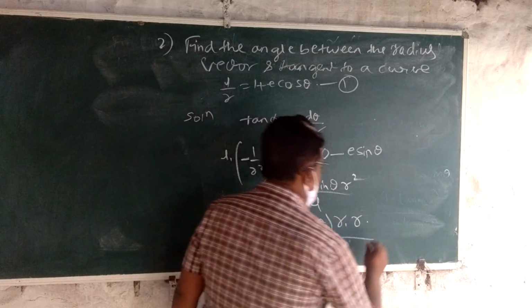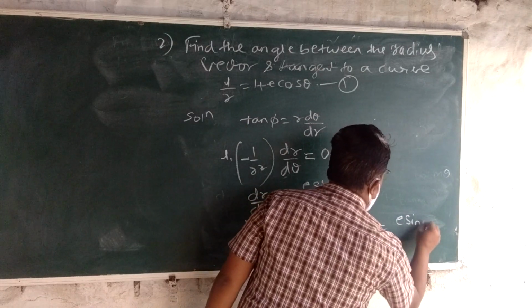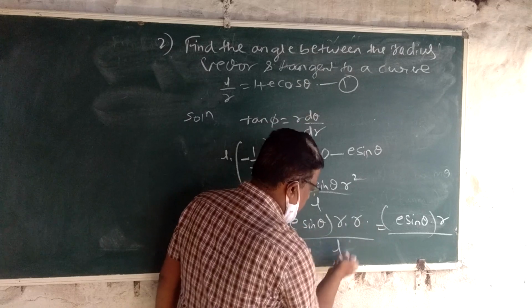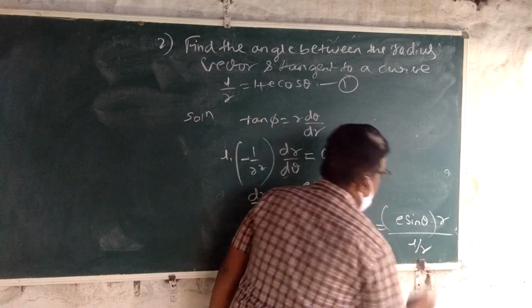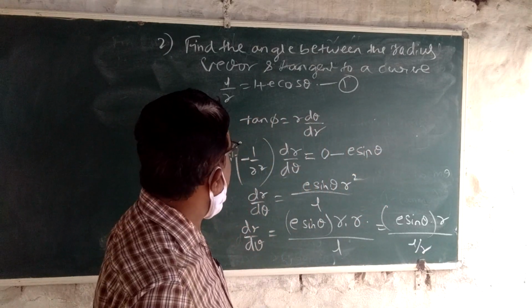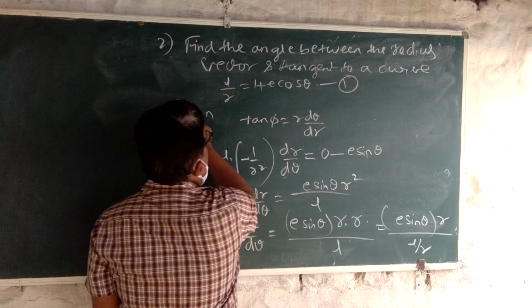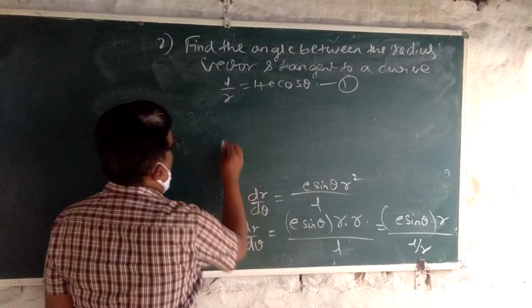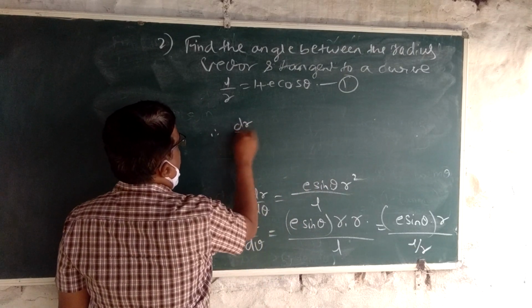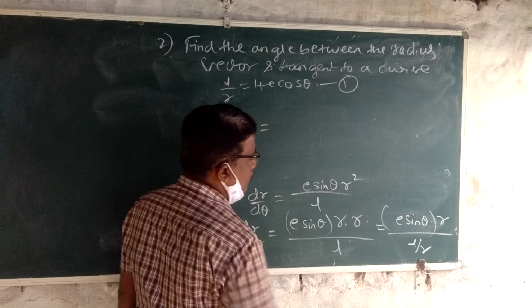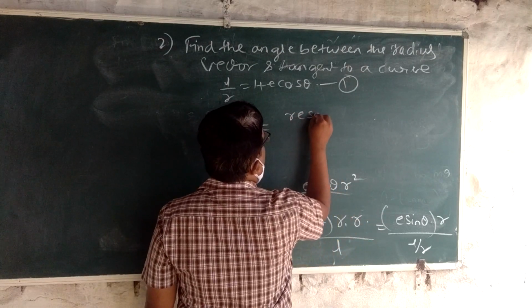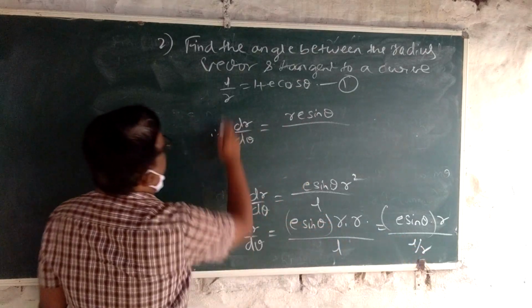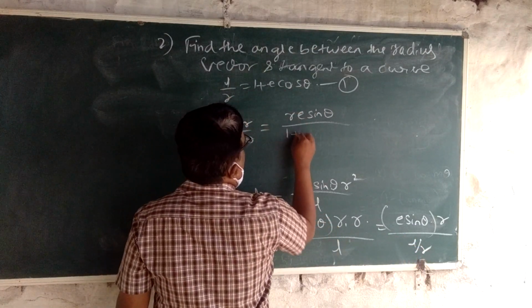This can be written as e sin θ into r, and taking r in the denominator gives l divided by r. Therefore dr/dθ is equal to r into e sin θ divided by l/r. So this l/r is 1 plus e cos θ.